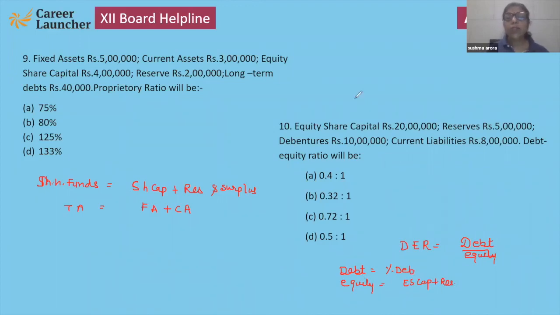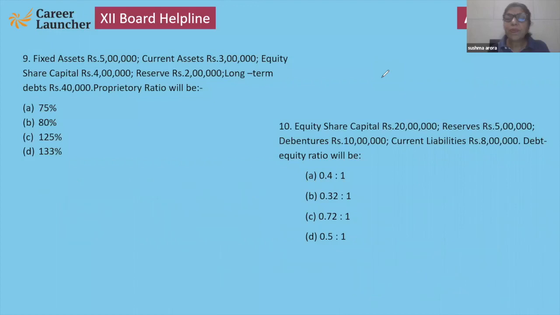Yes, I am sure you all have calculated. Yes, Aditi, what's your answer? Yes, children, this is 75% and this is 0.4:1. I am sure you all are able to do that.